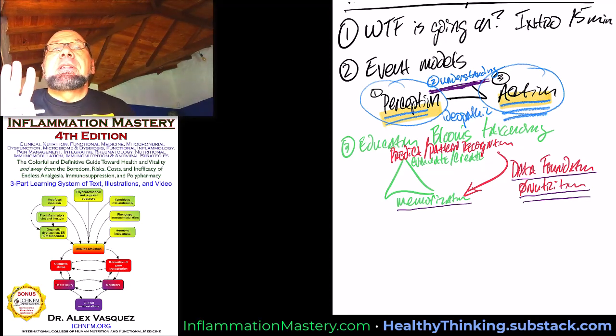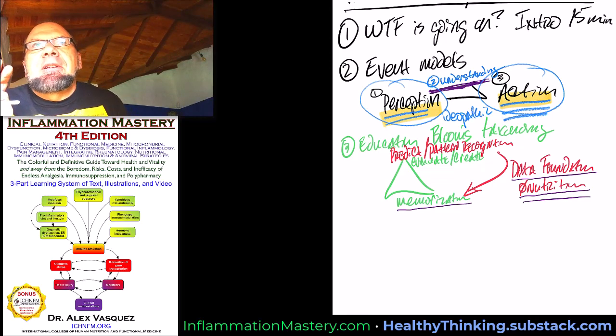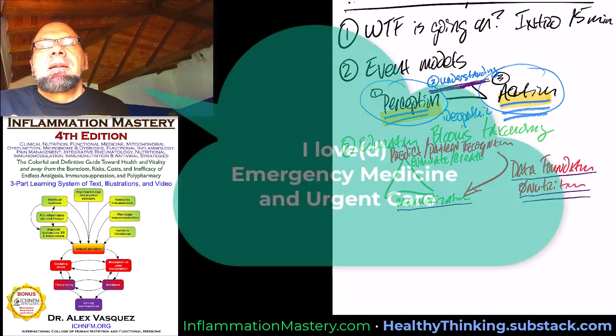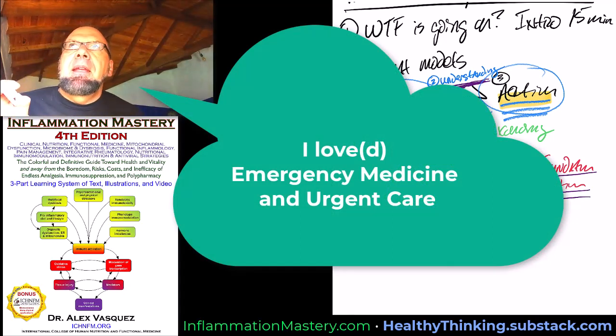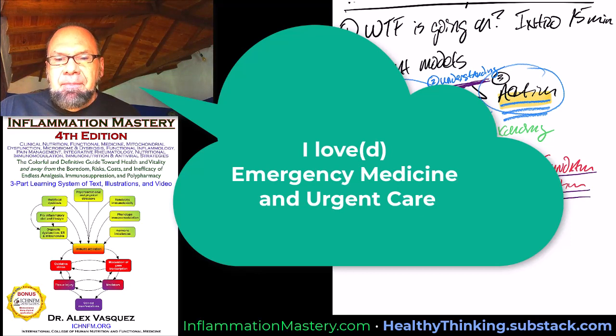And in emergency medicine, that's great because the pathophysiology of emergency medicine is mostly straightforward. You're looking at infections, trauma, and acute events like stroke and heart attack. So in certain emergency-based settings or urgent care settings, the understanding is relatively straightforward, and you can go from perception to action.